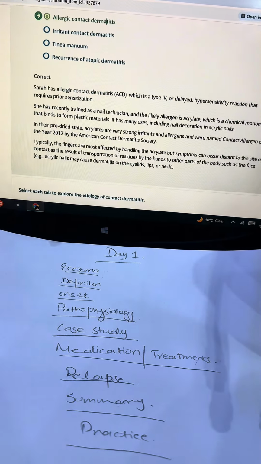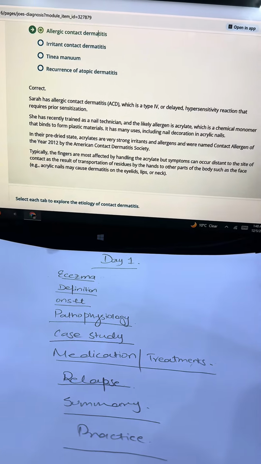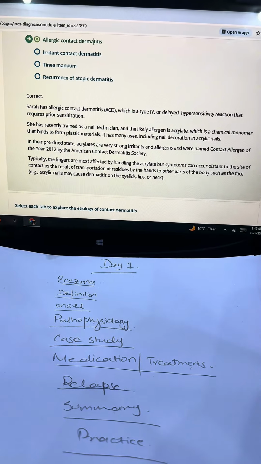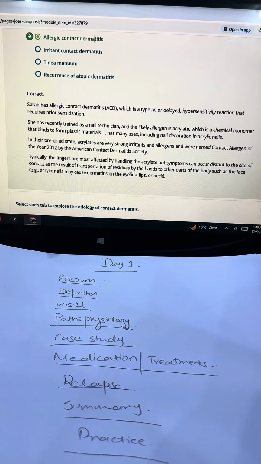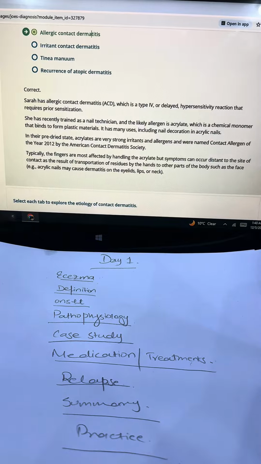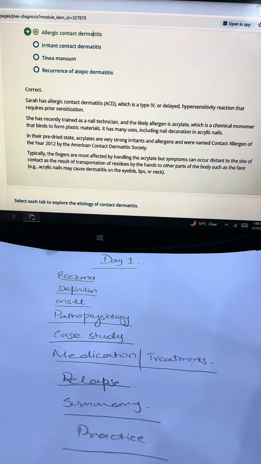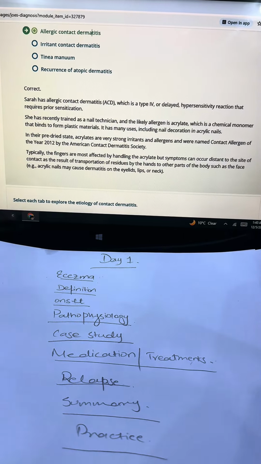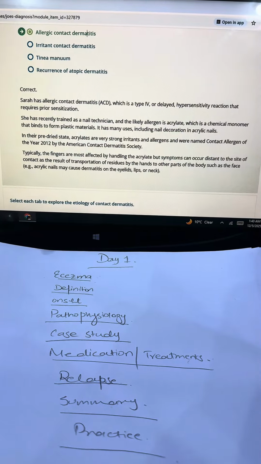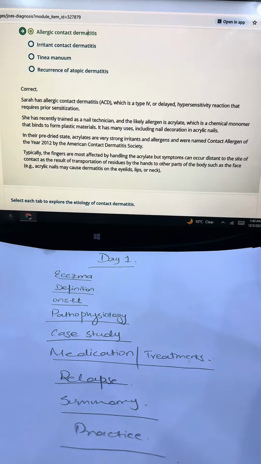Okay, good. It is a type 4 delayed hypersensitivity reaction because she has recently trained as a nail technician. Acrylic nails, okay, and acrylic nail chemicals may be very potent allergens.